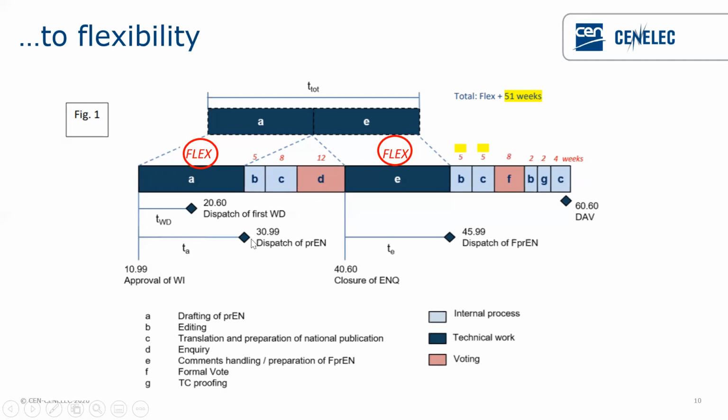Well, the recommendation of the technical boards and the decision reflected in the flexible process is that the dispatch of the first working draft is a very important element in the process. It's the time where finally the TC and therefore the members can see what has been developed.